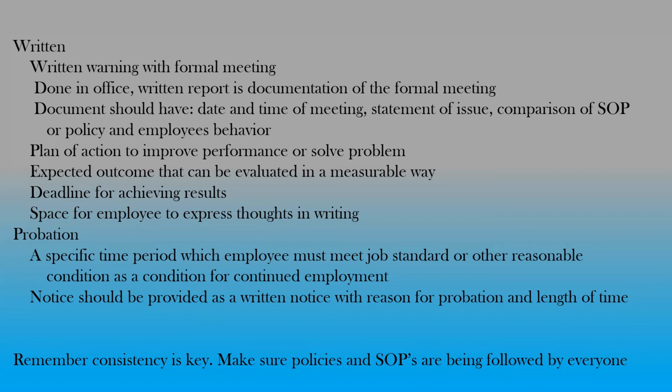This is the last chance. If you do not meet these conditions as far as what the policies or the expectations are, you will not have a job anymore. So it lets them know that, hey, this is your third strike right now. And if anything happens and you do not change that behavior, you will be terminated.